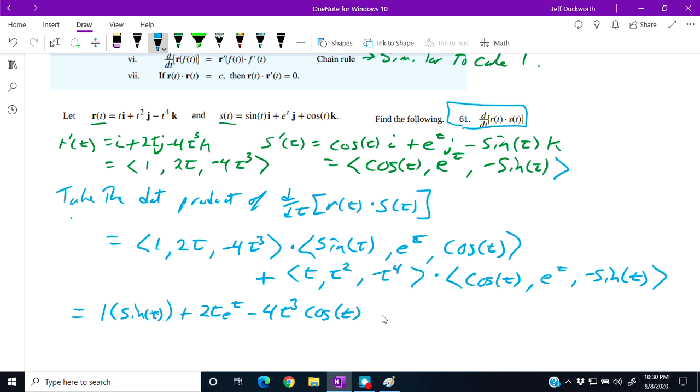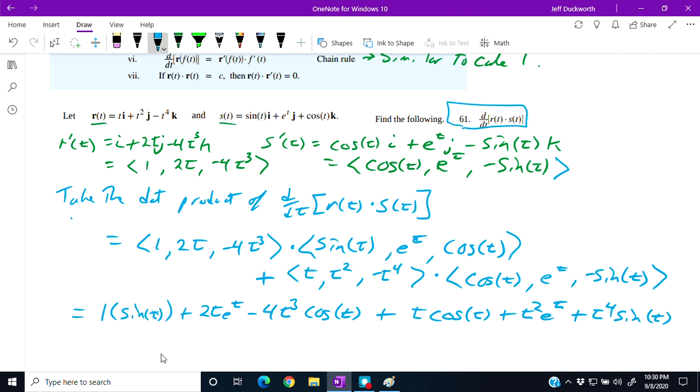That's our first dot product, and then we add the second one, which is t cosine of t plus t squared e to the t. We've got a minus t to the fourth and a minus sine, so it's going to be plus t to the fourth sine of t.